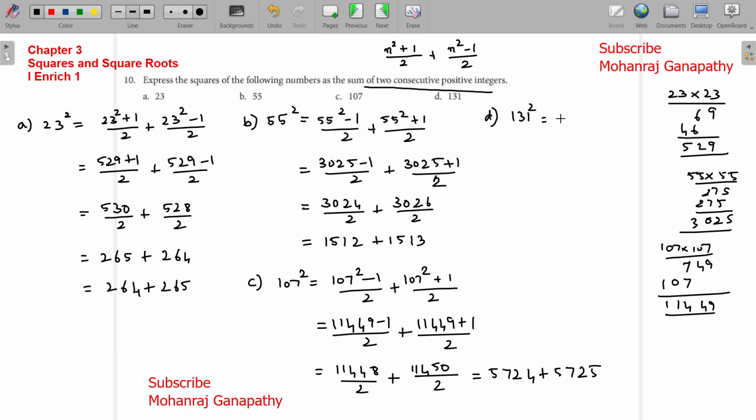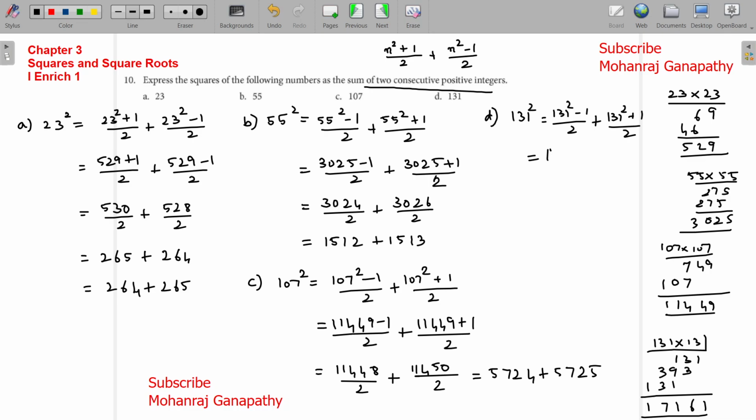D subdivision. 131 square can be written as (131 square minus 1) by 2 plus (131 square plus 1) by 2. First we need to find what is 131 into 131. 1 times as it is, 3 into 1 is 3, 3 3s are 9, 3 1s are 3, 1 3 1, 1 6 11 7 1.